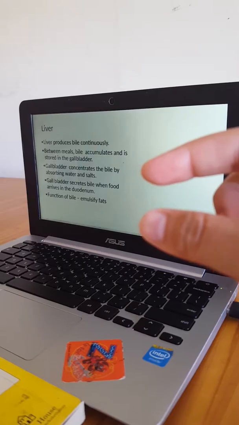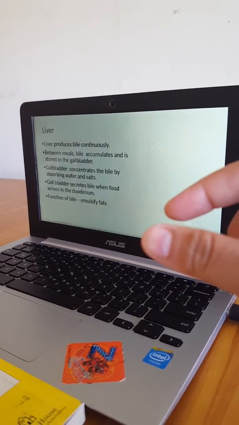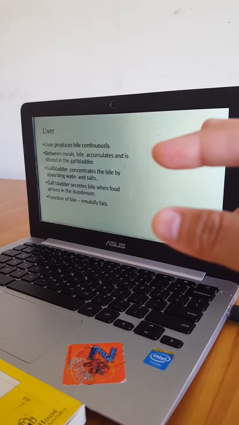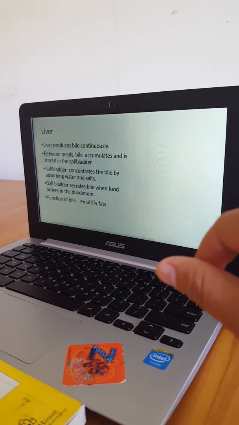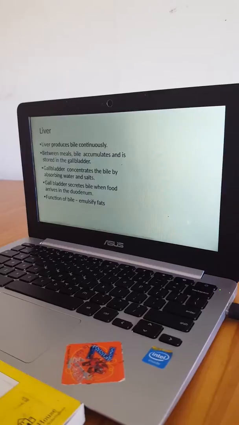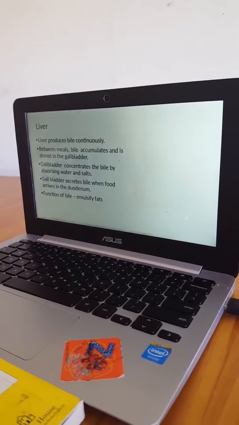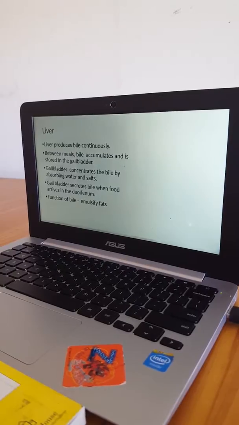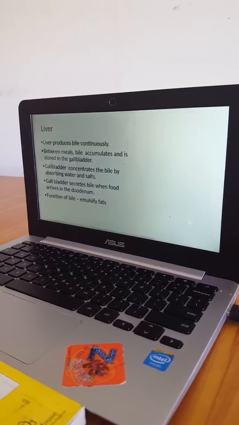The fat arranges itself in such a way that the water is on the outside and fat is inside. In that way fat is absorbed more easily, and then it can be digested more easily because of the good absorption. This is known as emulsification.